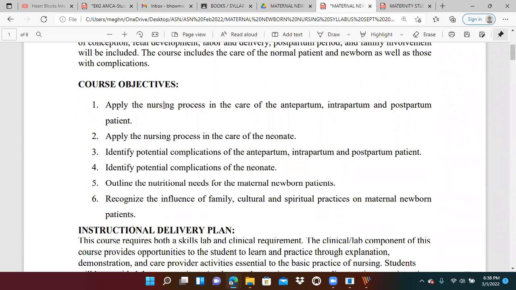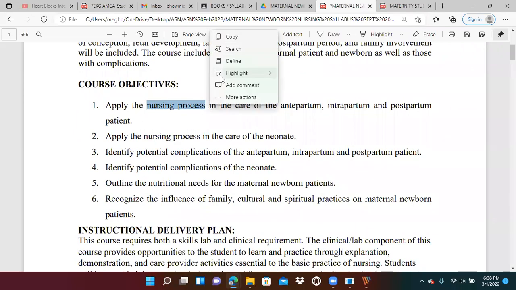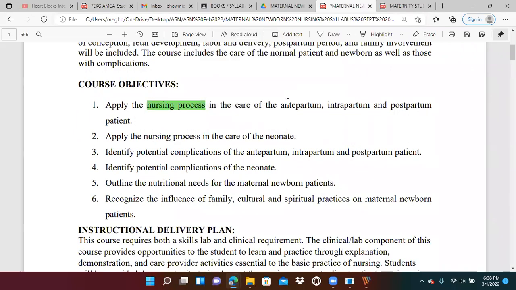The course objective says: apply the nursing process. Nursing process about what? About antepartum, intrapartum, postpartum, because it is maternities. Apply the nursing process in care of the neonate. Identify potential complications about the mother, about the newborn.